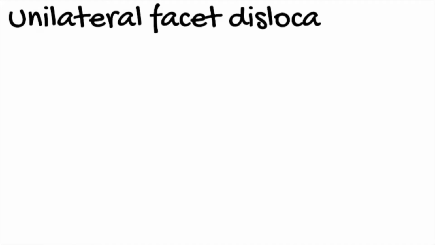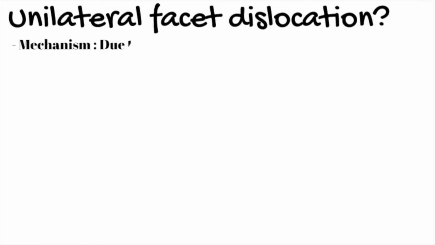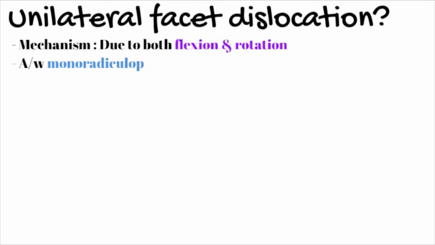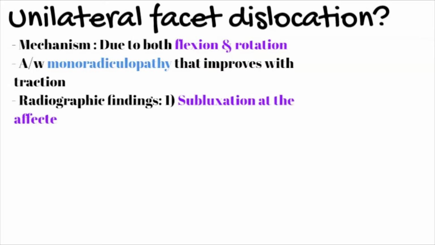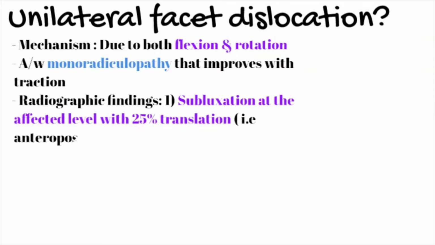Next, regarding a unilateral facet dislocation, the mechanism of injury is flexion and rotation. It is always associated with monoradiculopathy that improves with traction. Radiographic findings: 1.